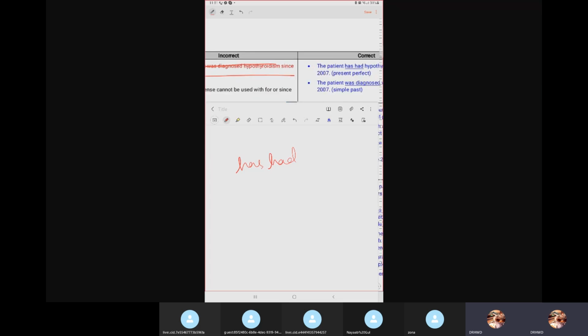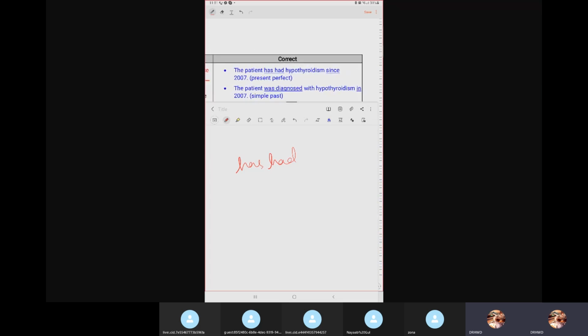Let's see if it is correct over here. The patient has had hypothyroidism since 2007, not has been diagnosed, right? You can still say has been diagnosed as hypothyroid since 2007. Can you repeat, like, why have they used? Right.